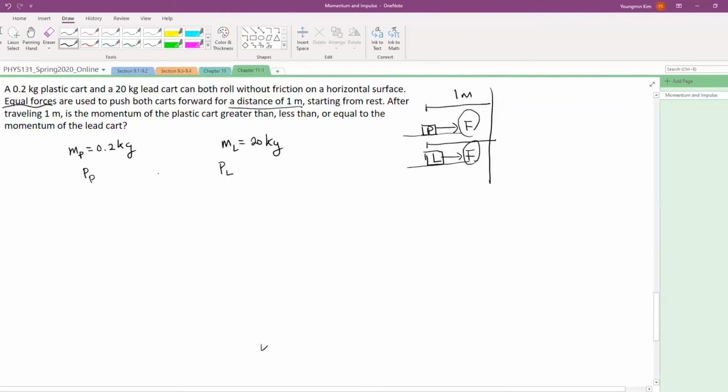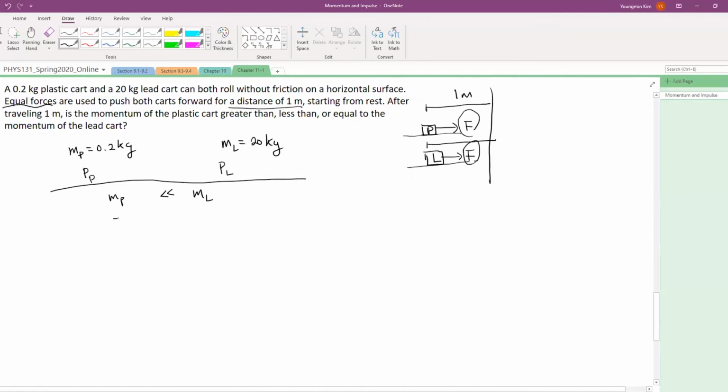Now, to solve a problem like this, I recommend you use almost like a mathematical proof form, because in this way you can see how your logic works step by step. Okay, so let's solve that. We know the mass of the plastic cart is much smaller than the mass of the lead cart.